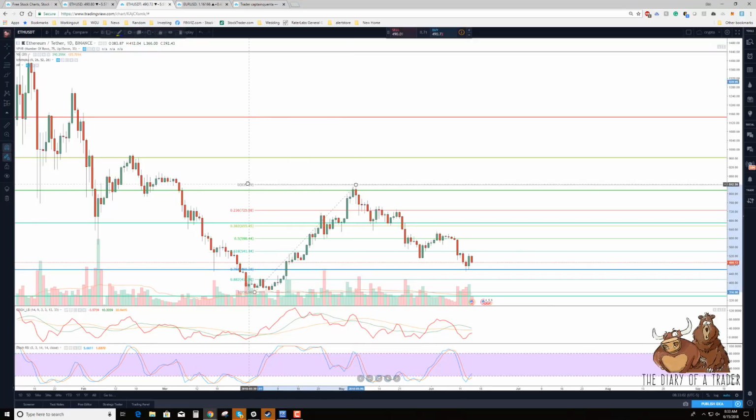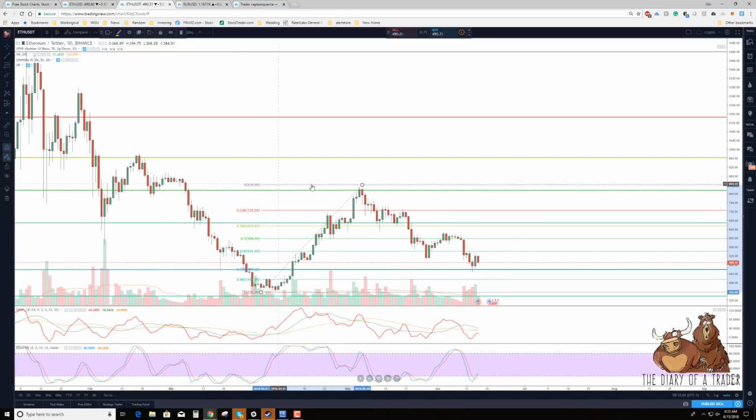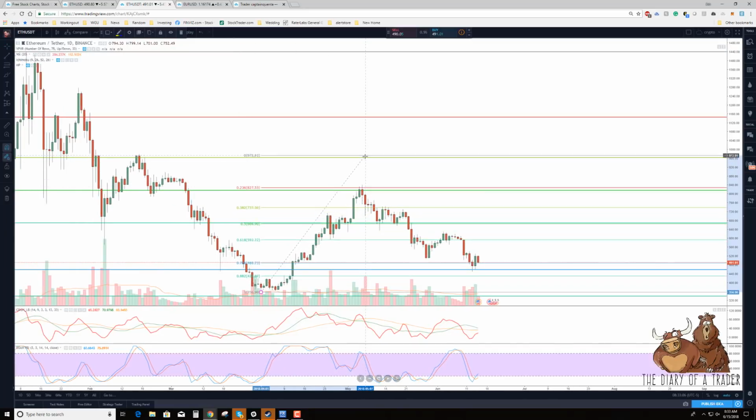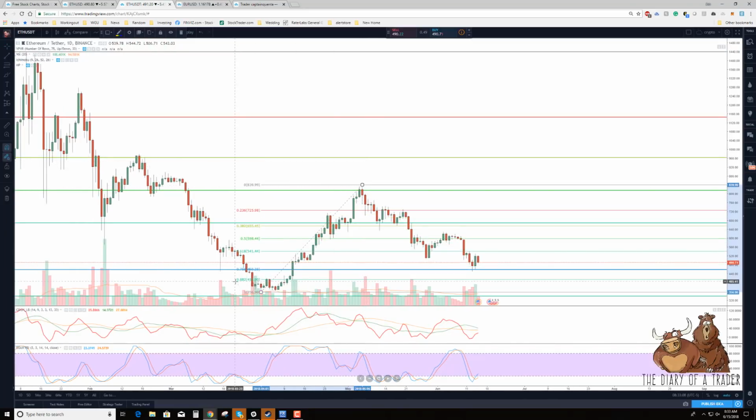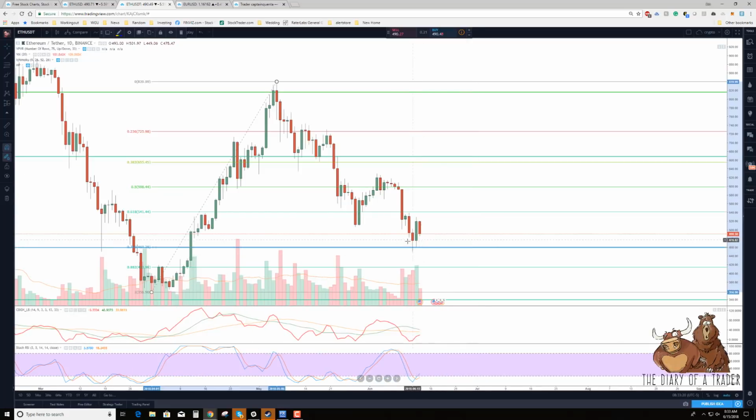The Fibonacci level in here, if I move this up a little bit, you can see that 786 line. That's a shared Fibonacci level. Now, that is generally a pretty powerful sign of support or resistance. And for right now, we're looking at this as a pretty powerful sign of support.